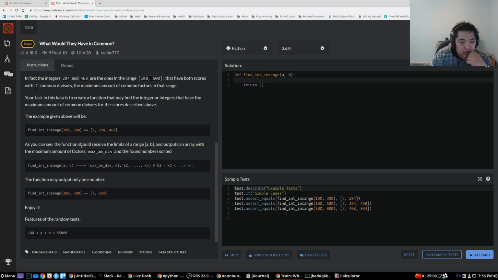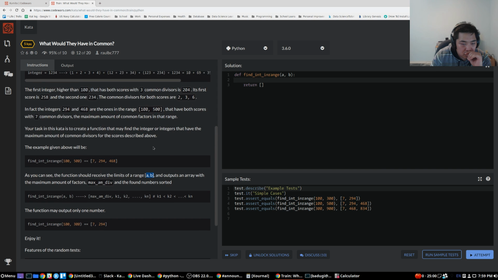As you can see, the function should receive the limits of range A through B and outputs an array with the maximum amount of factors. You lost me in this one. I get this part.